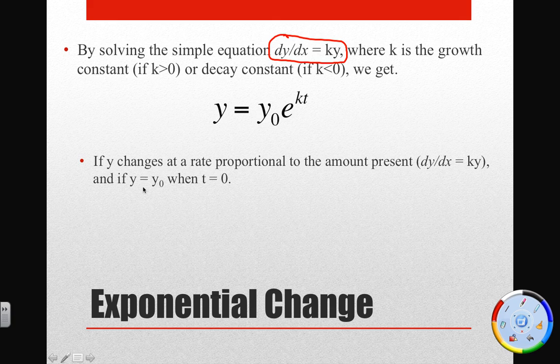And y sub 0 is when time equals 0. Since a lot of this is real world, we're talking about time. So when t is 0, y sub 0 is our initial amount. And remember, we've done this before. We're just defining it a little bit differently.